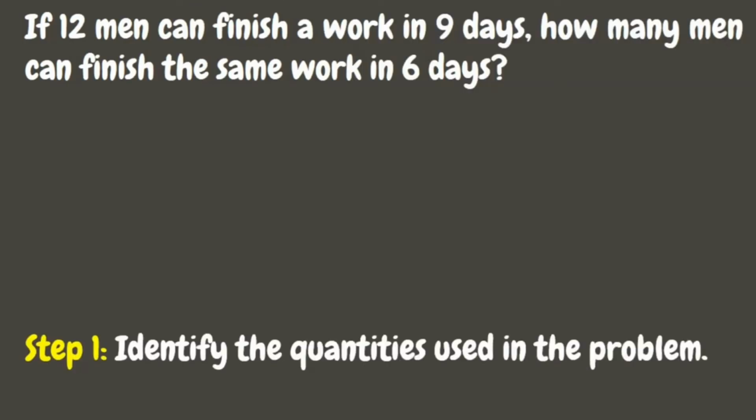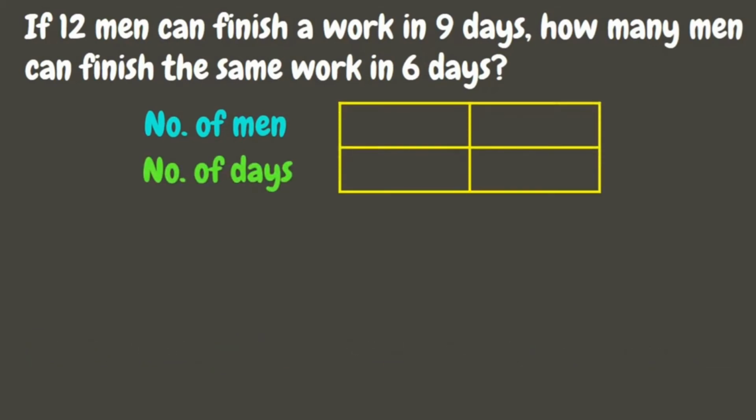Now the first step is to identify the quantities: number of men and number of days. Now we set up a table and put the values there. 12 is proportional to 9 and 6 is proportional to the letter n, which represents what we're looking for.